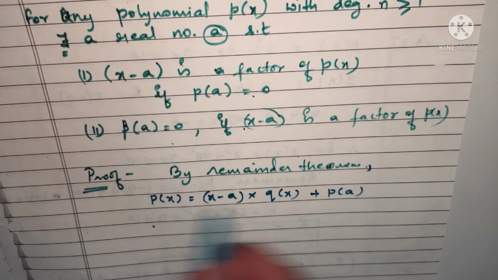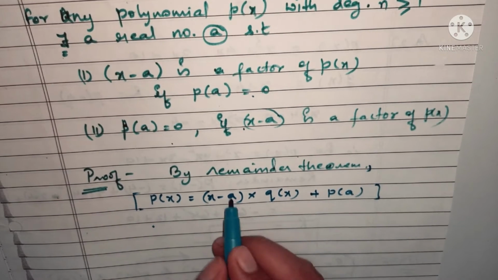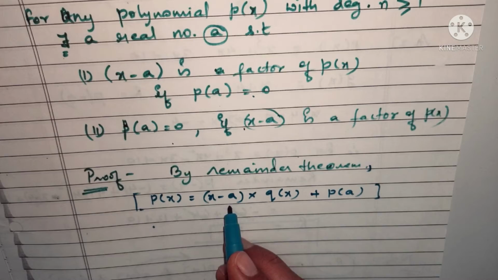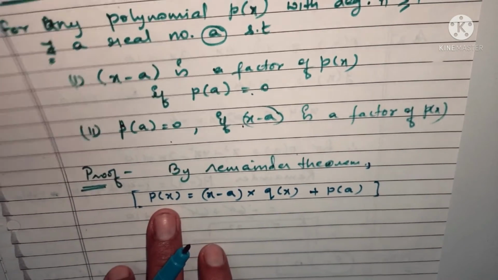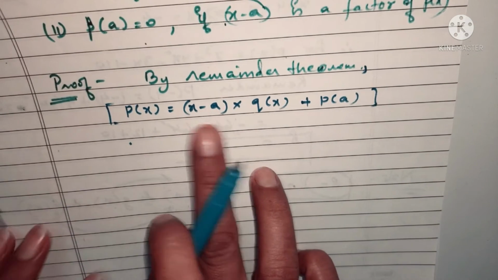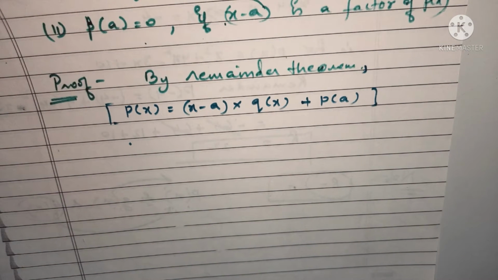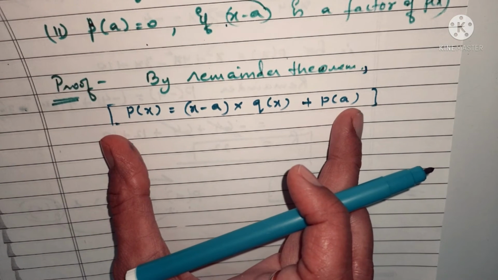Actually we have this as the remainder theorem. Where a is any real number and x minus a is a linear expression which divides this p(x), such that there exists a p(a), which is the remainder of p(x). Now this is the remainder theorem.